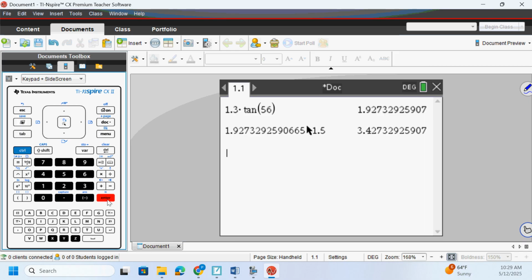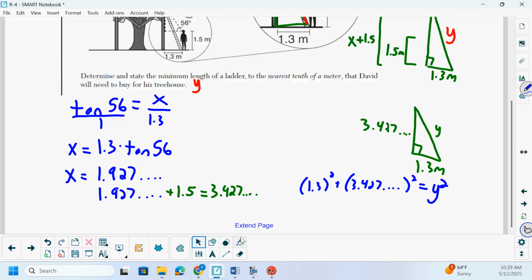So when we put this in our calculator to do Pythagorean theorem, we're going to do the 1.3 squared plus, and then you can scroll up and highlight the 3.427, the entire thing, hit enter to bring it down, and then put your squared on it. So we're going to get 13.436 and change. So we'll put the dot, dot, dot to show we're keeping it out.